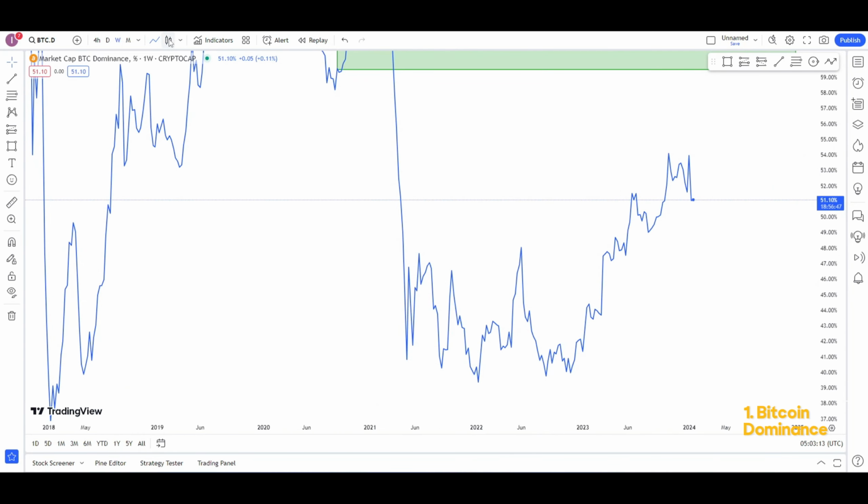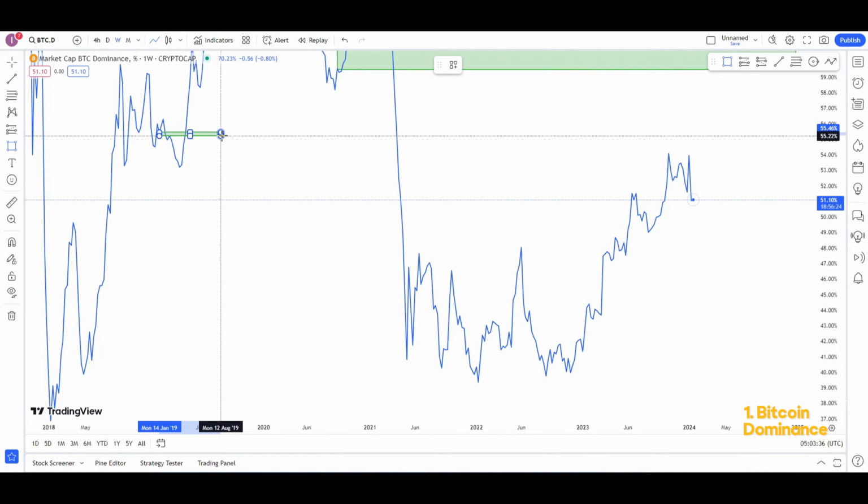As you can see, Bitcoin dominance was rising since the end of 2022. Why did Bitcoin dominance stop and make a reversal? It's very simple. The answers are hidden in the chart itself.